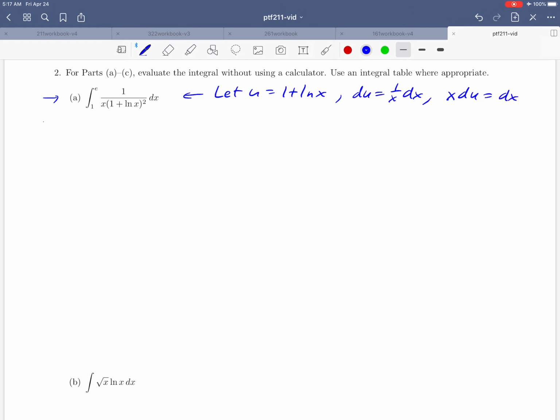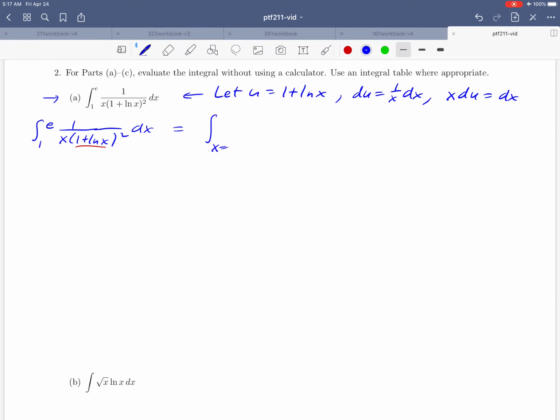All right, and let's see what that does with our integral. If we substitute the pieces in, we'll just rewrite our integral. Looking down here, 1 plus ln of x, we made the choice to call that u.